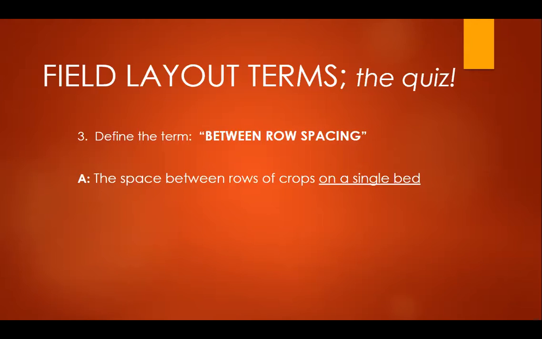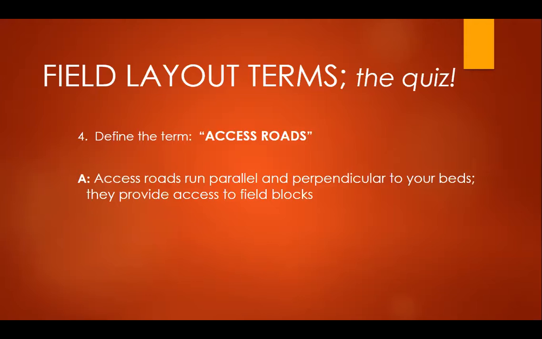Between row spacing is the space between rows of crops on a single bed. Access roads run parallel and perpendicular to your beds, and they provide access to your field blocks.